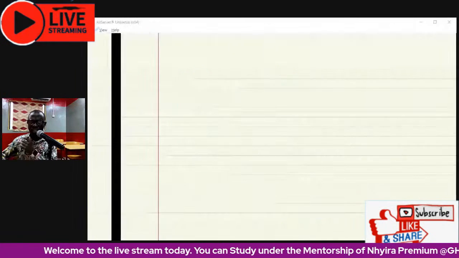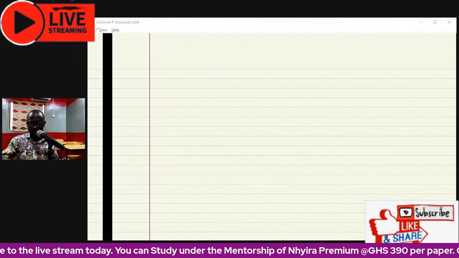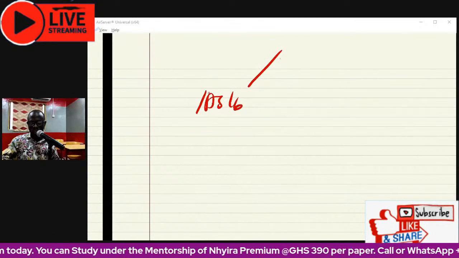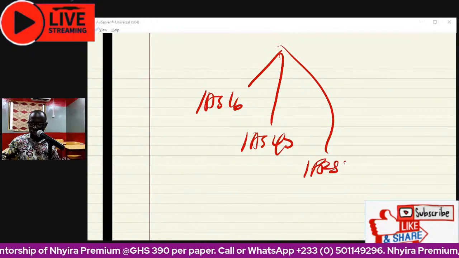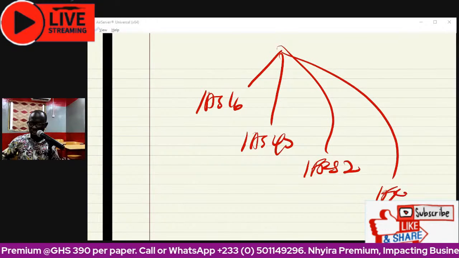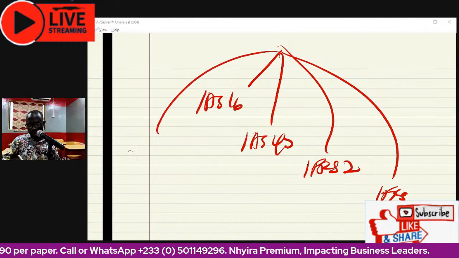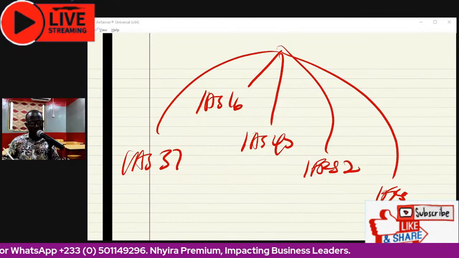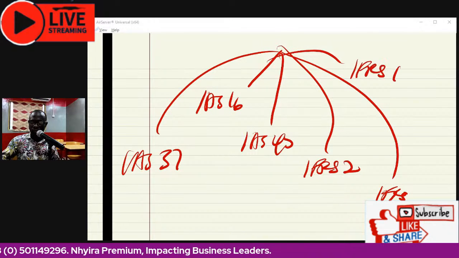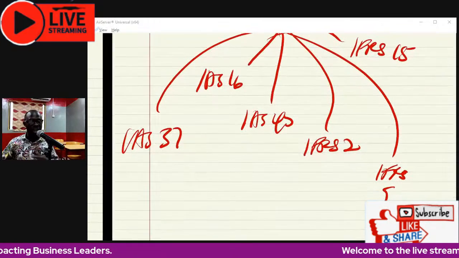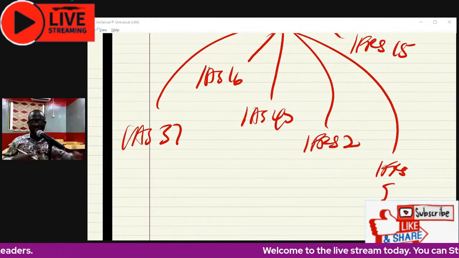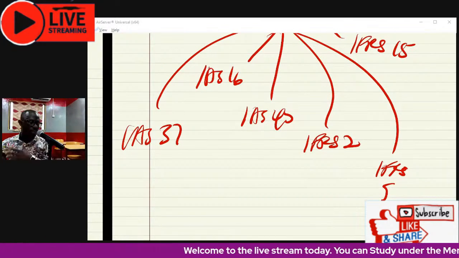Deferred tax could arise when dealing with IAS 16, when dealing with IAS 40, when dealing with IFRS 2, when dealing with IFRS 9, when dealing with IAS 37, when dealing with IFRS 15. So all these standards, when you are dealing with them, they are assets, they are liabilities, they are income.